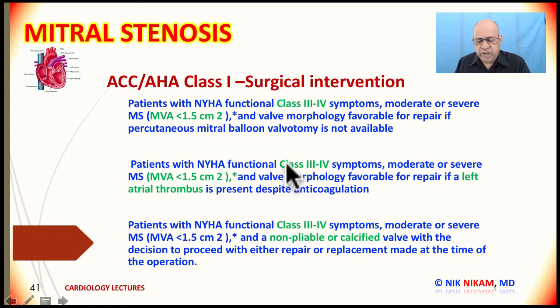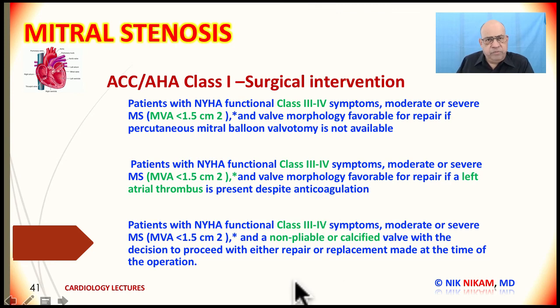Similarly, patients with class 3 to 4 symptoms whose mitral valve area is less than 1.5 centimeters square, who also have evidence of left atrial thrombus despite anticoagulation, should be considered for surgical intervention, because you don't want to put a balloon in a patient with a left atrial thrombus and dislodge the embolus, which can be much more devastating than the underlying mitral stenosis itself.